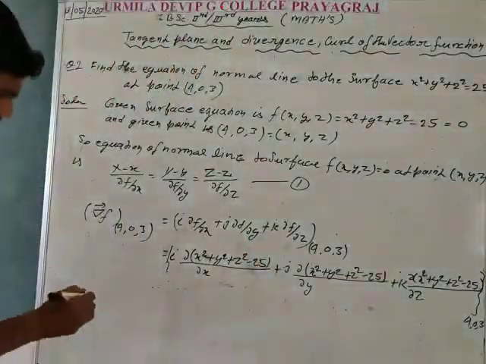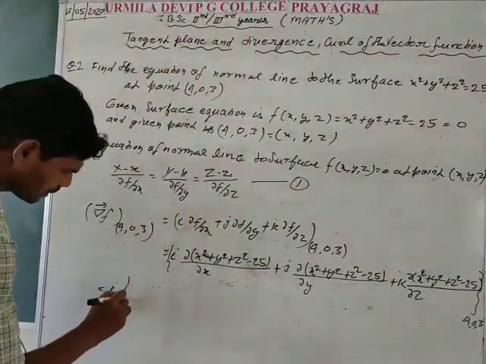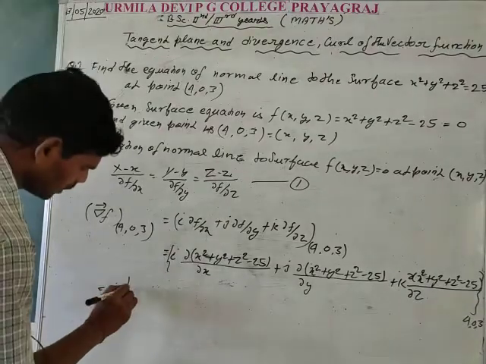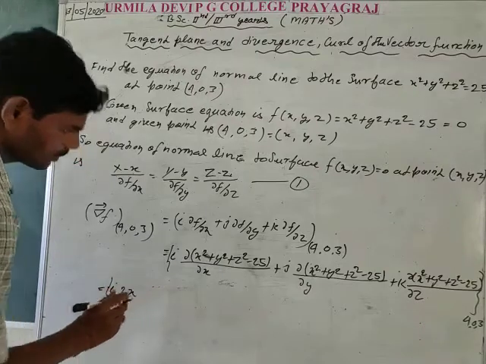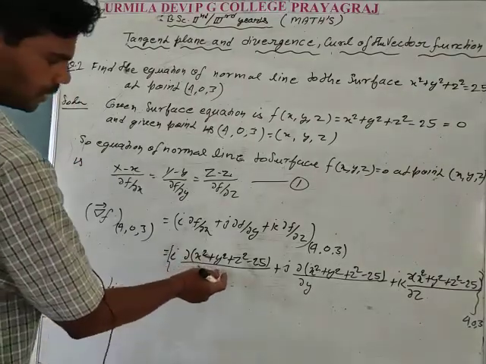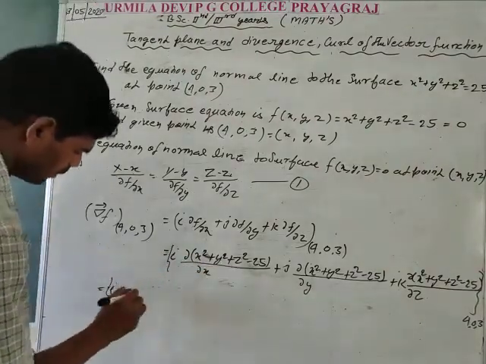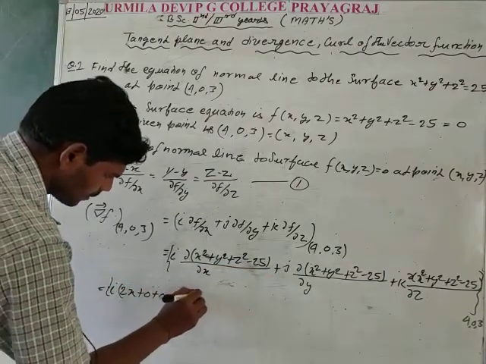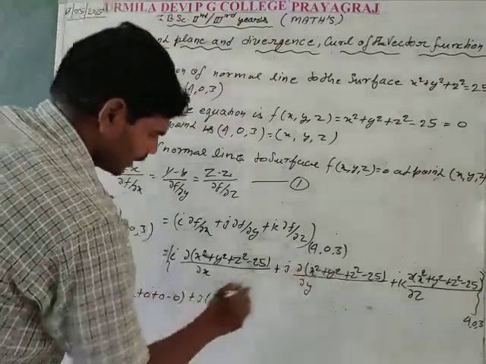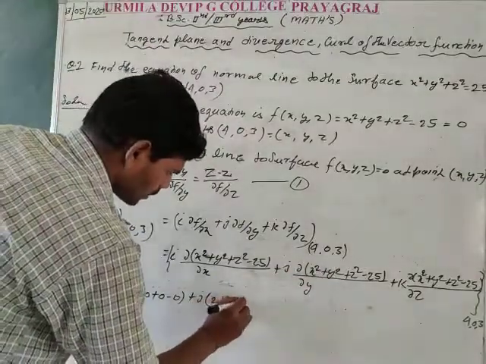So this is equal to i times 2x, plus 0 minus 0, plus j times 2y plus 0.